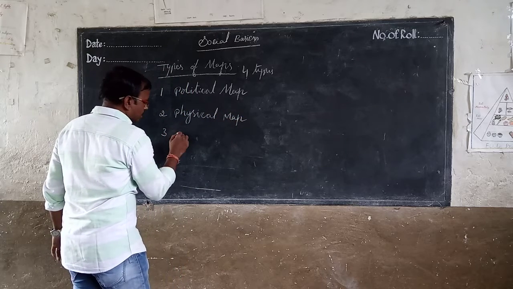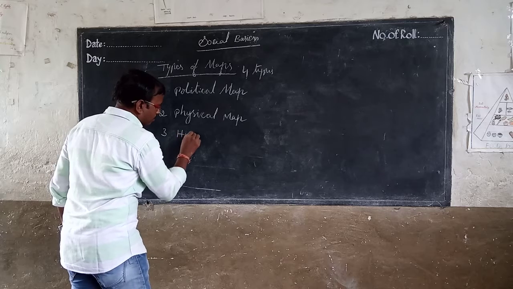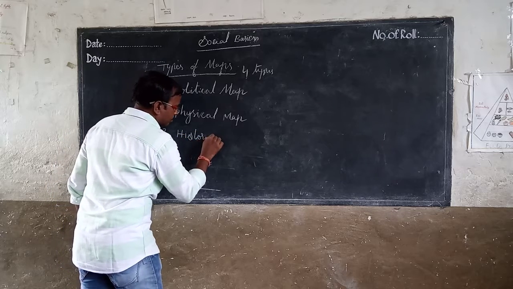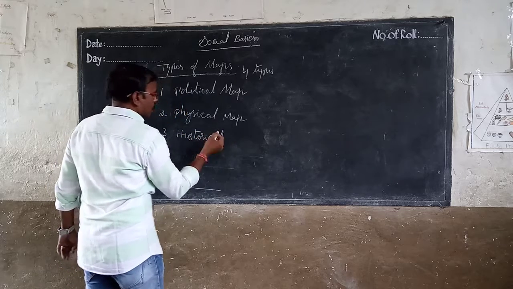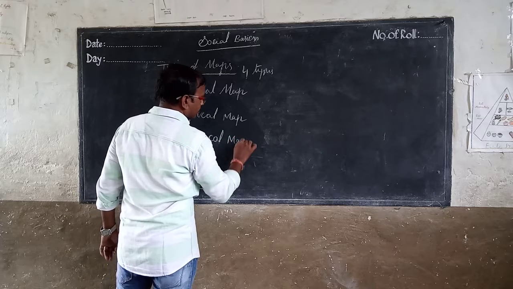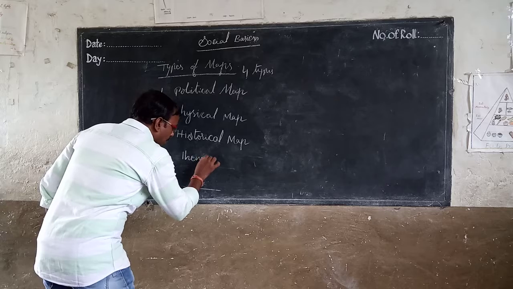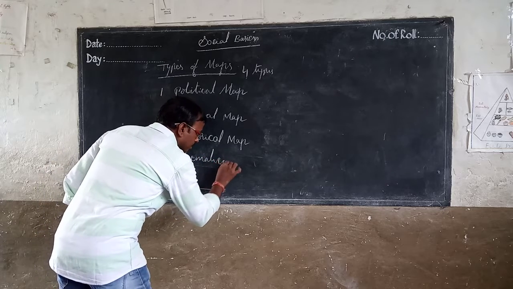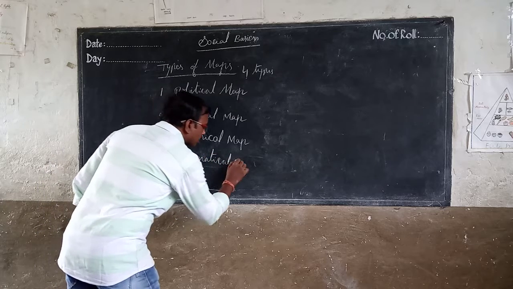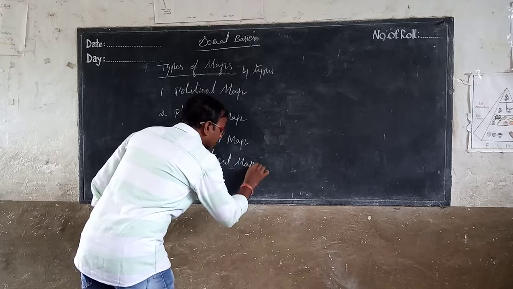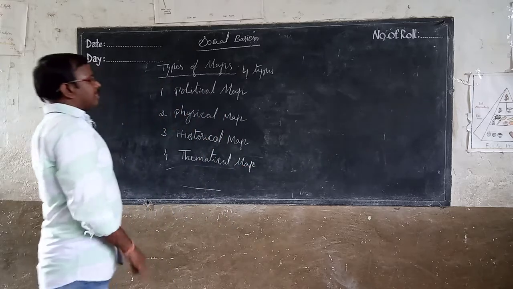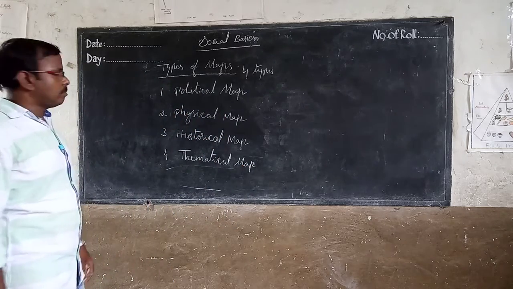Third is the historical map. Fourth is the thematic map. These are the types of maps.